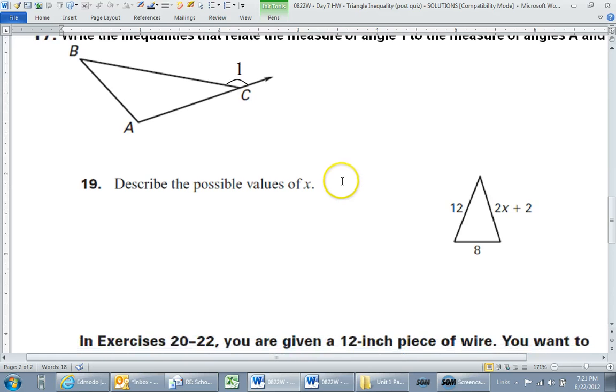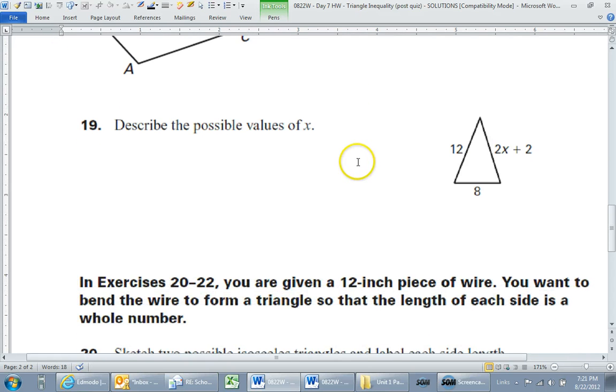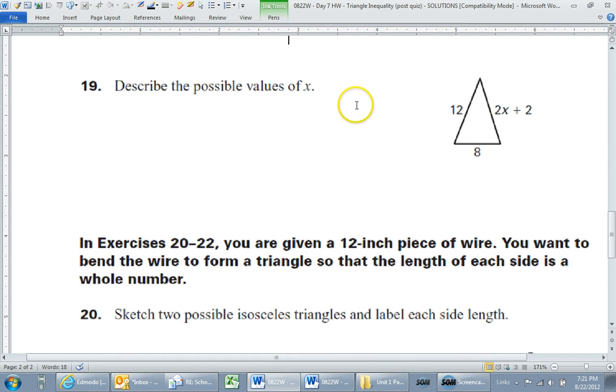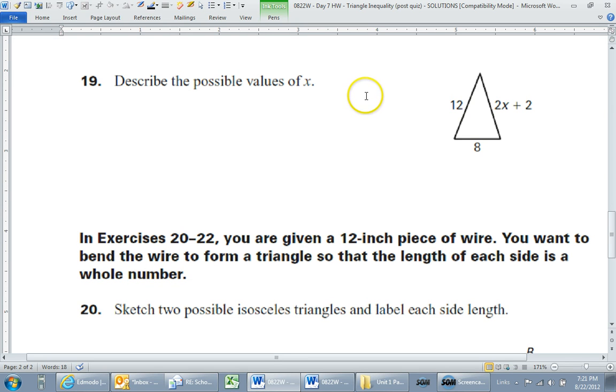Okay, number 19. Describe the possible values of x. Okay, this one is a little bit different. Well, let's talk about the possible values of the side that I'm putting in burgundy.